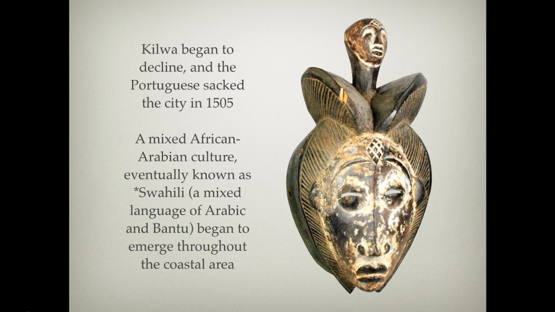Now, ultimately, Kilwa began to decline, and inevitably we'll see, as Europe crosses into Africa and begins to explore the world, the Portuguese sack Kilwa in around 1505, really to quell their attempt at controlling the market and really redirecting all the tension on themselves for them to control all of that trade going on in the Indian Ocean.